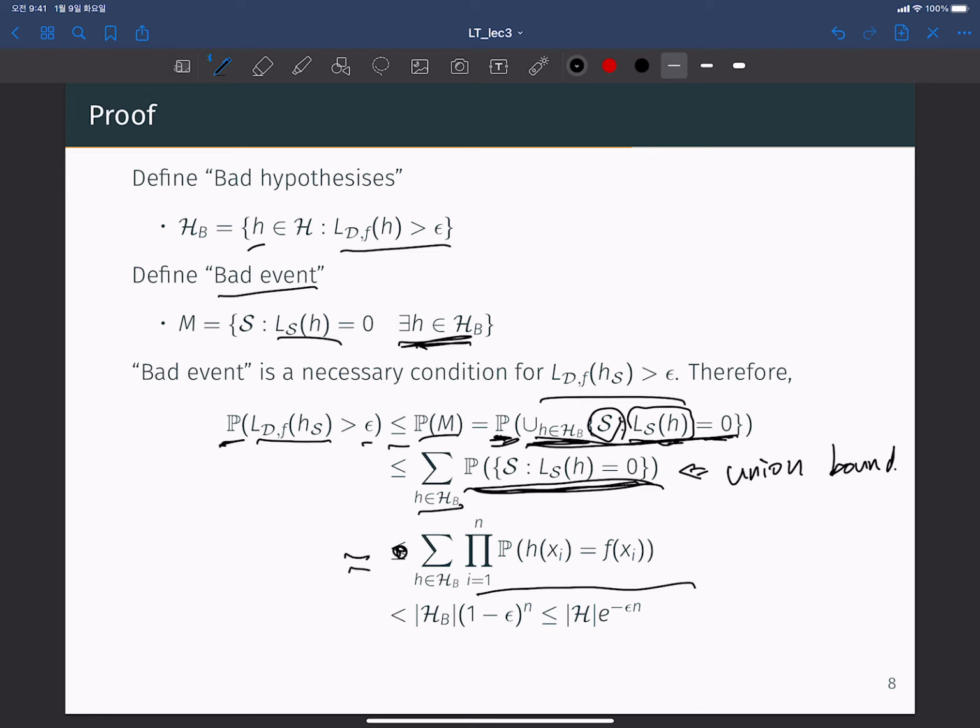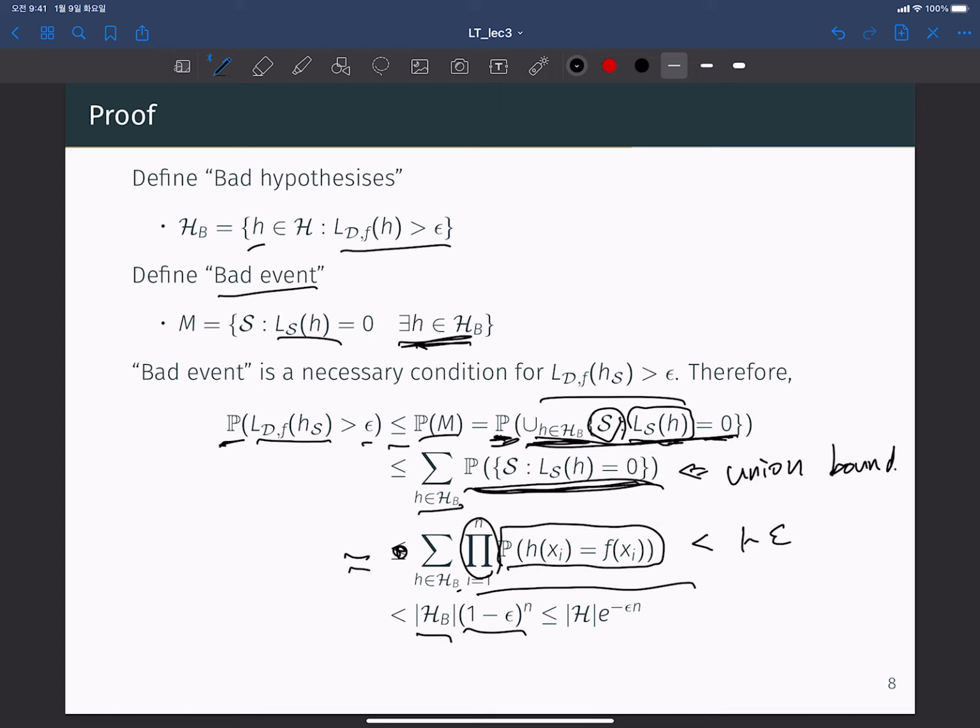And since our bad hypothesis has test error strictly bigger than epsilon, and we are considering IID sampling following the distribution D, each individual probability is strictly less than 1 minus epsilon. And having the product from i equals 1 to n, it becomes (1 minus epsilon) to the power n, multiplied by the cardinality of the bad hypotheses.